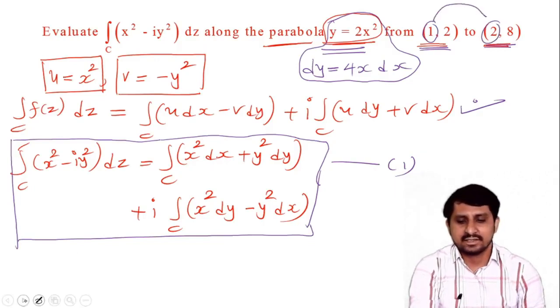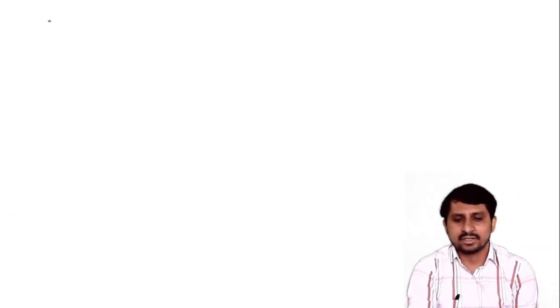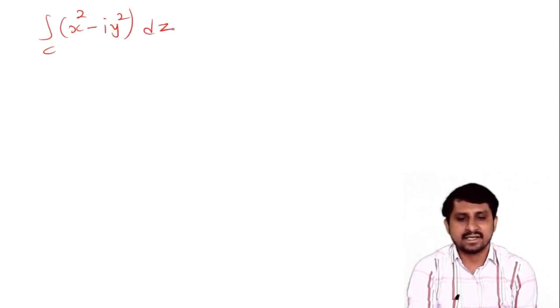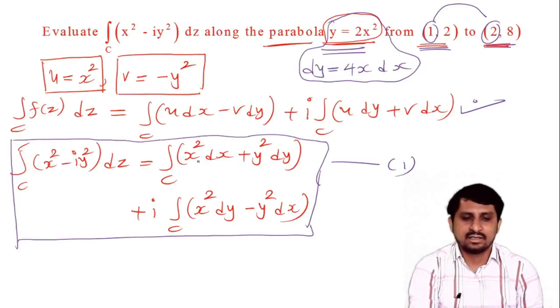So integration x square minus i y square dz is equal to, try to understand: x square dx as it is; instead of y square, since y is 2x square, y square becomes 4x raised to 4.